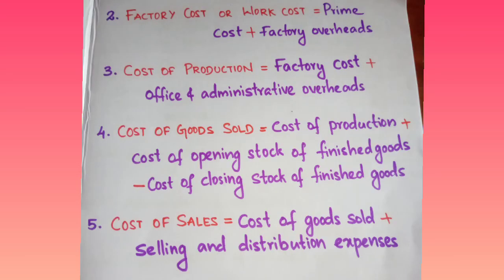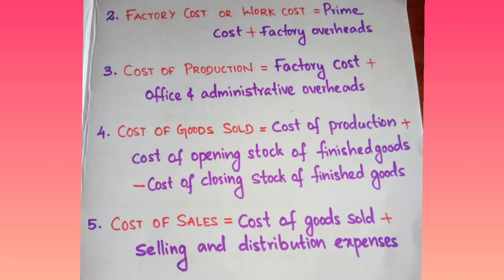Then the second one, factory cost. It is also known as work cost, production cost or manufacturing cost. Factory cost refers to the total cost incurred in the production stage. So it can be calculated by adding factory overheads to the prime cost we already got.